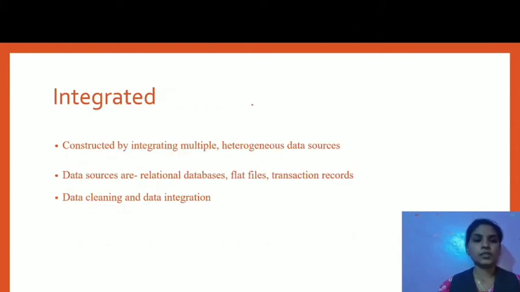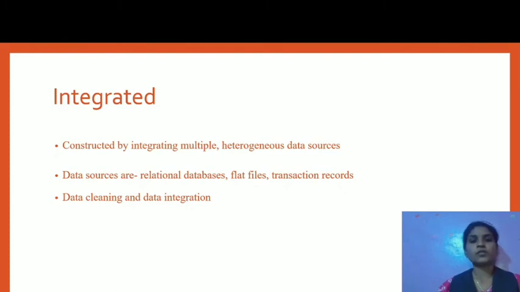Next, integrated. We know that the data is collected from the different data sources, multiple data sources, and they are heterogeneous. So data warehouse is constructed by integrating multiple heterogeneous and different kinds of data sources. The data sources may be relational databases, some flat files, or some online transaction records.